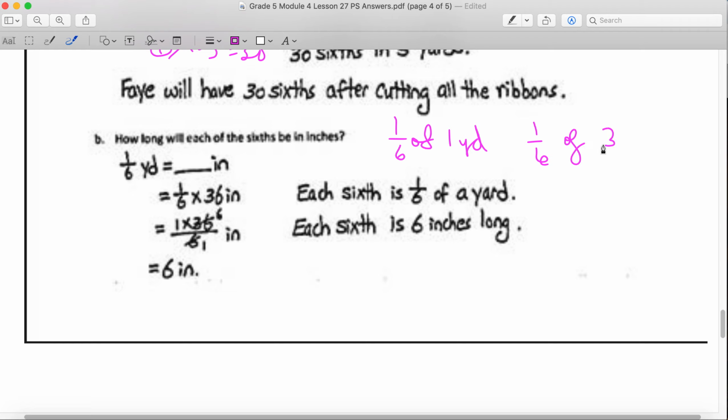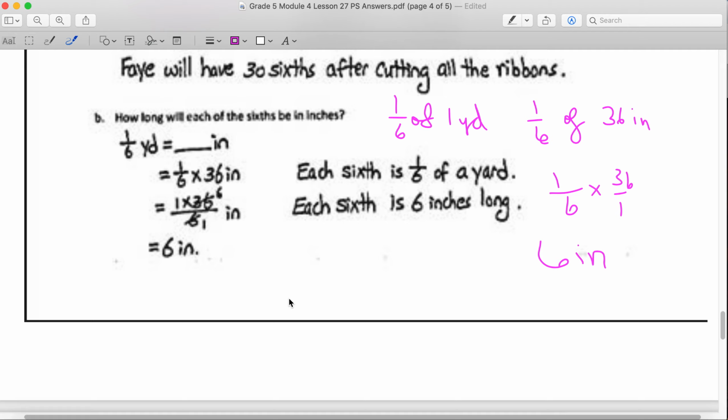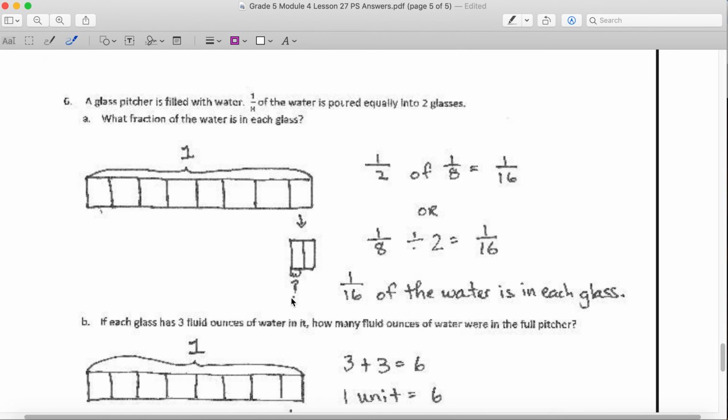So there are 36 inches in 1 yard. Okay, and you get the rest of the math from here. It's 1/6 times 36 over 1, which is going to be 6 inches. Okay? All right, I'm going to keep on going.